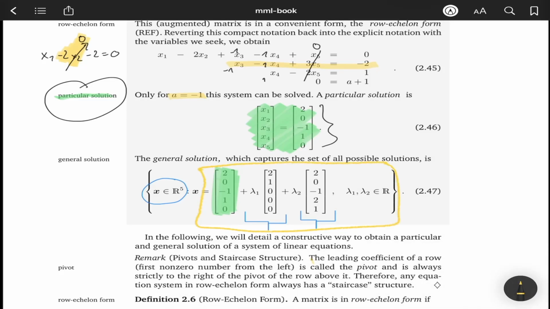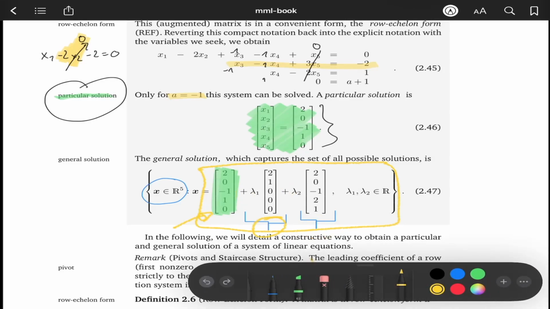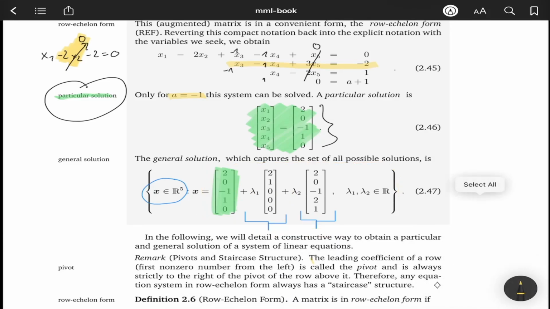This is one vector. So do not be confused that you will see different vectors. You see one vector here and one vector here and one vector here. They are all added together into one vector. So we're still talking about a single vector, which has these properties, and every vector which fits into this description is a solution.